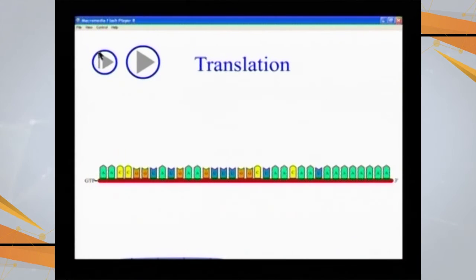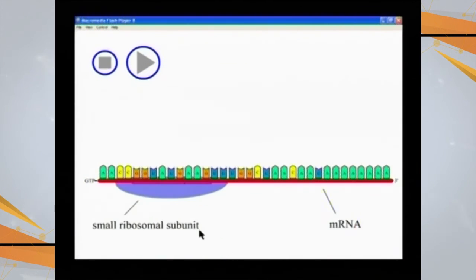Looking at the process of translation, this is the messenger RNA. This molecule of messenger RNA, which was made by DNA, came out through the nuclear pore into the cytoplasm. This is the small unit of ribosome. It gets attached on its lower aspect.